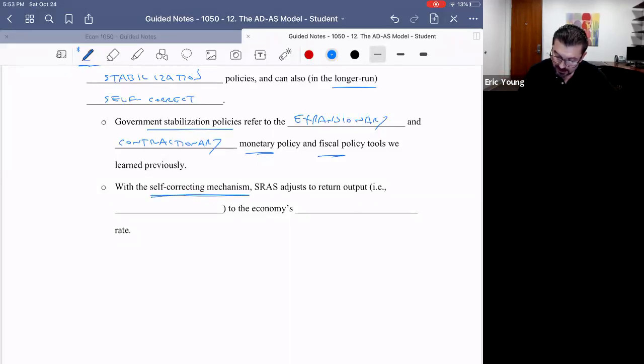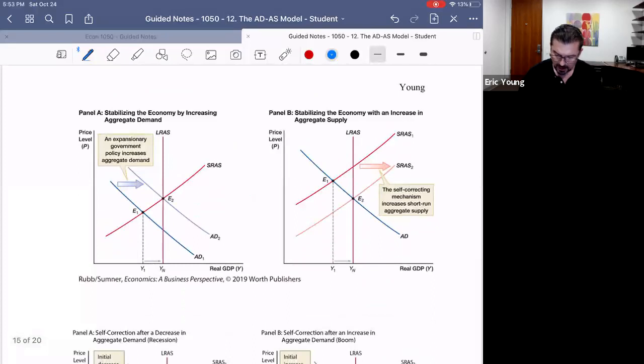In this, it is argued the SRAS will adjust over time, typically in a longer window of time. The SRAS will adjust to return output, in other words, to return real GDP to the economy's natural rate. Okay, let's take a look at how this would play out here.